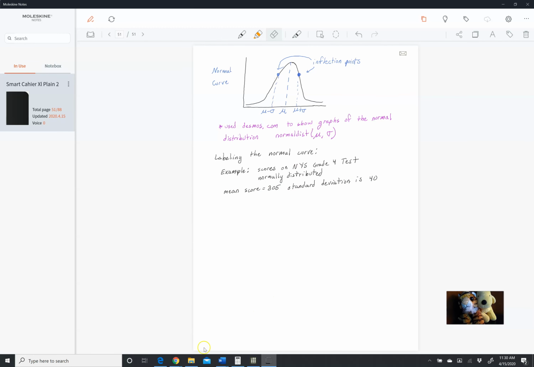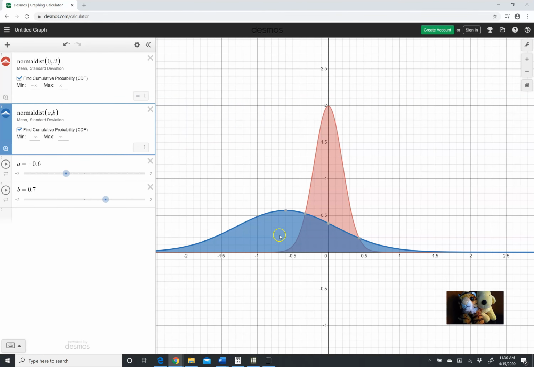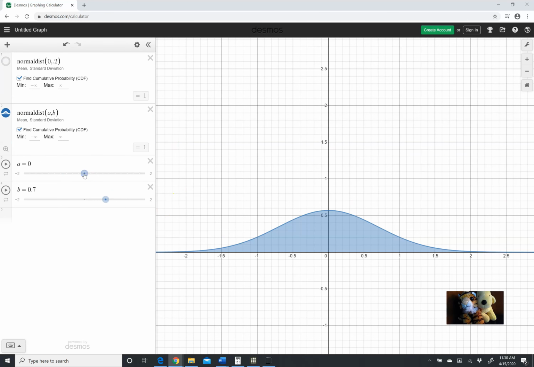Let me clarify something because I'm not sure if it was clear in my explanation. When we talk about the mean, it's exactly the center. It's what's on the x-axis. The y-axis, remember, is the height. That's the number of people at the mean. When I mentioned the virus, let's take this one.